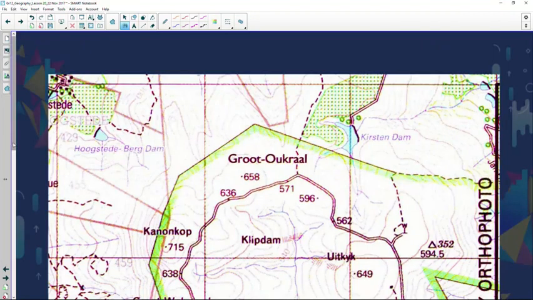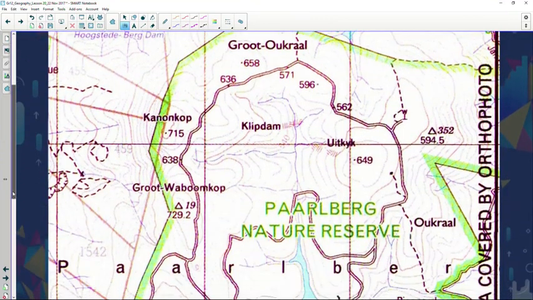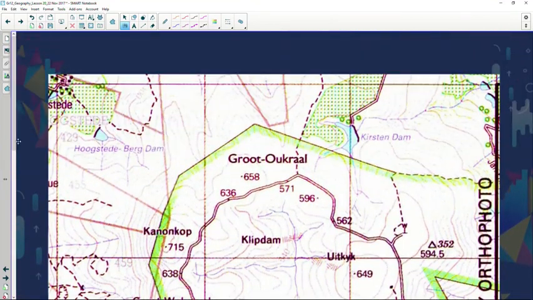Let's assume this map that we see over here is the pole map, 1 to 50,000.